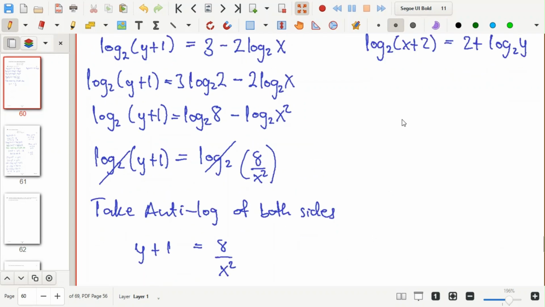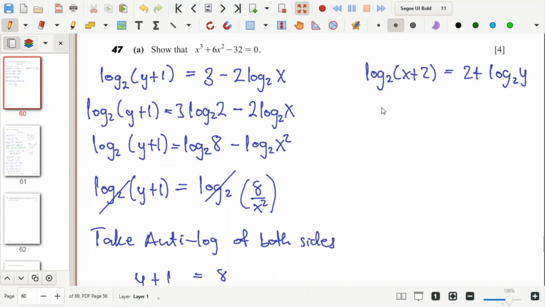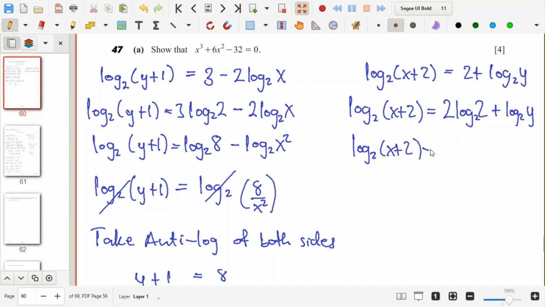Let's come to this side and see. This is also the same as, 2 can be written as log 2 to the base 2 times 2. And this is also the same as, when the 2 comes here, you get 2 to the power 2, which is 4.